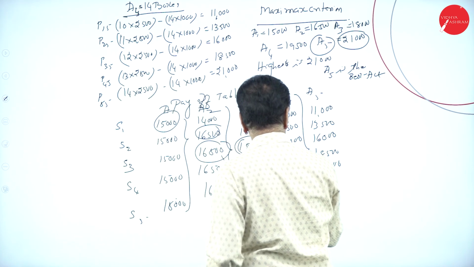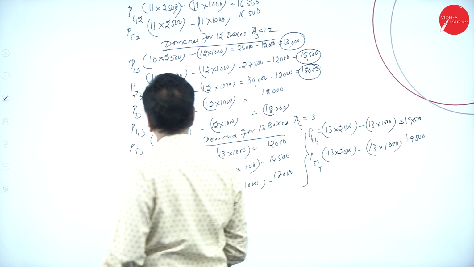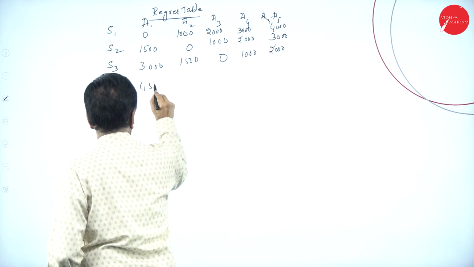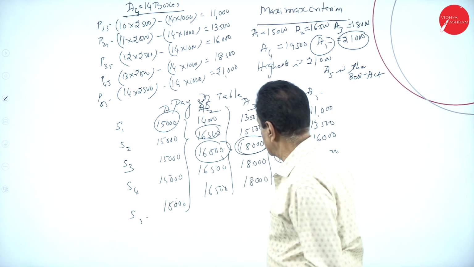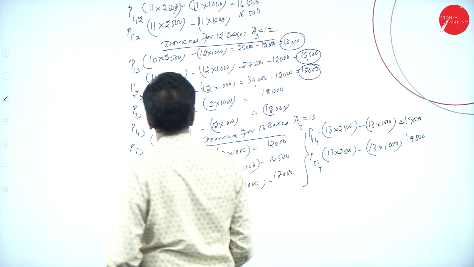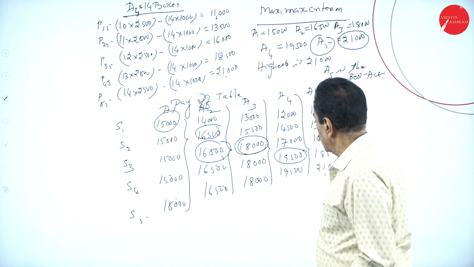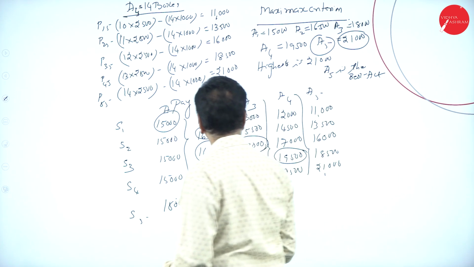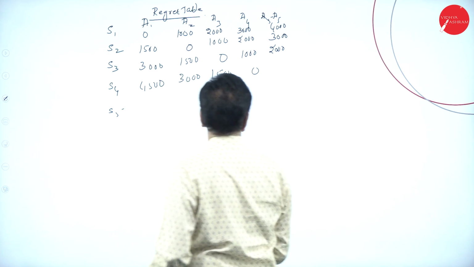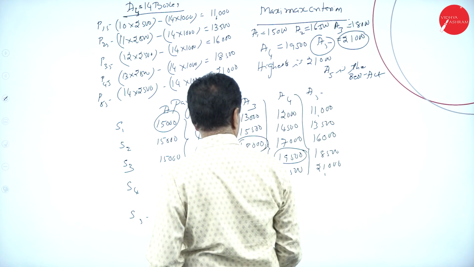Here, which is the highest one? 19,500. 15,000 means 4,500. Here, 16,500 means 3,000. Then 18,000 means 1,500. 0. Then 1,000.